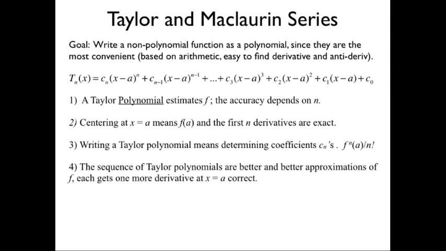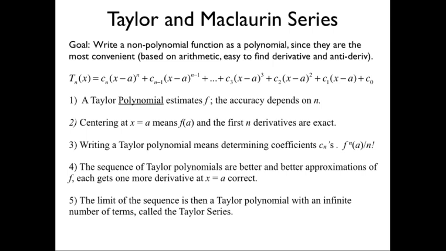And then finally, we looked at the limit of that sequence. So if you took the limit of the sequence of Taylor polynomials, you'd have an infinite polynomial, right? Or a polynomial with an infinite number of terms. And that's what we call the Taylor series. It's like this infinite polynomial, and if we can imagine getting all infinitely many terms, then we reproduce the function exactly, within a radius of convergence, okay?